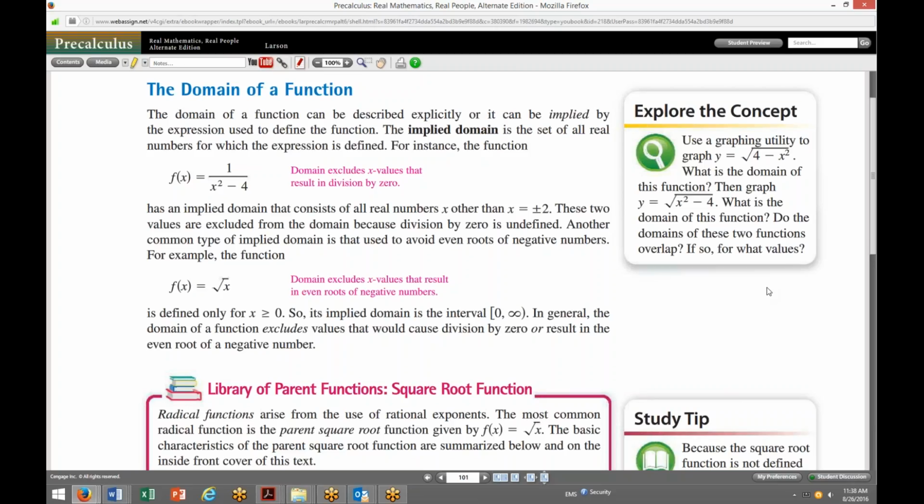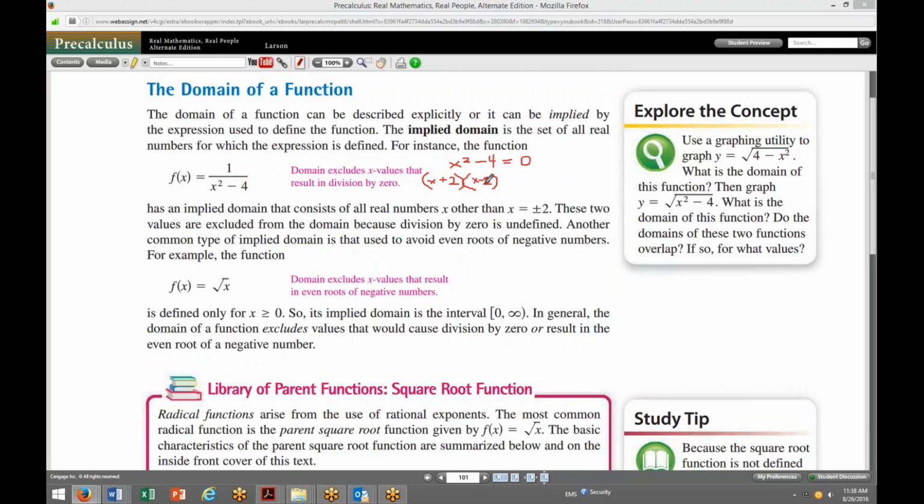So for instance, you can just write x squared minus 4 equals 0, and then solve that equation. You can factor the left side of the equation into two parentheses, x plus 2 times x minus 2. It's one way to solve this. Yes, you could also add 4 to both sides and take the square root of both sides, x squared equals 4, and you'll get the same answer.